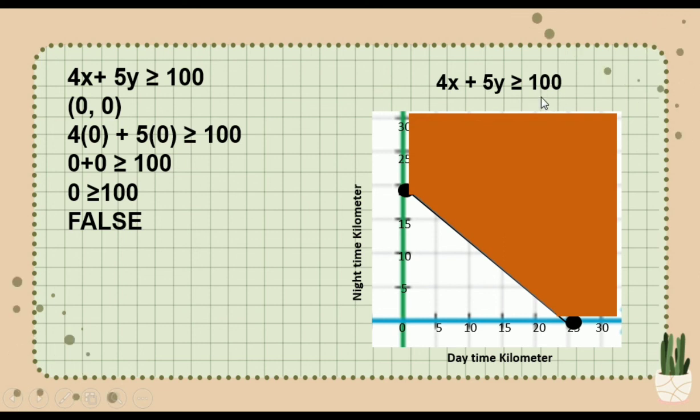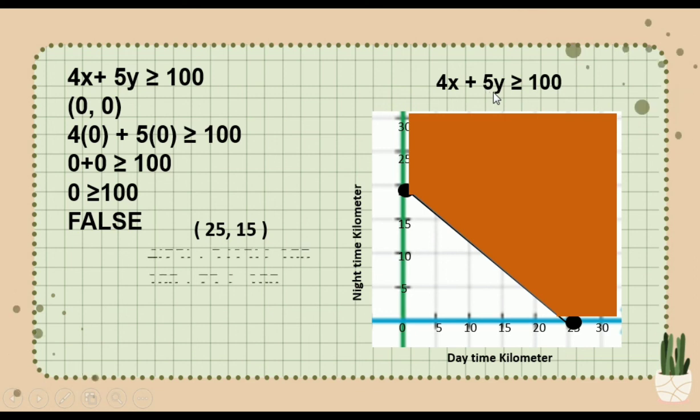And to prove to you that it is correct, I will give you an example using one of the coordinates in this shaded region, and I chose (25, 15). For the daytime kilometer, it will be 25, and for the nighttime kilometer, it will be 15. We are just going to substitute these coordinates to the variables x and y.